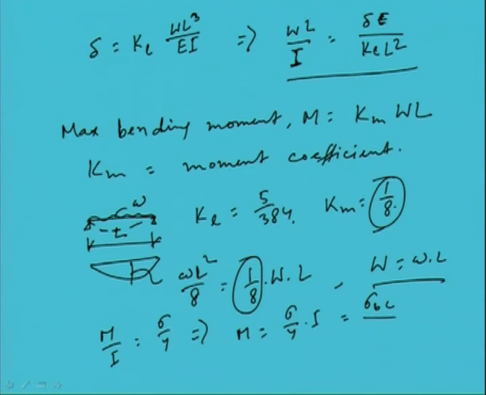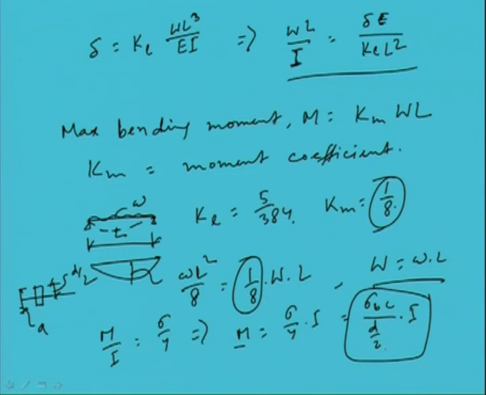So, sigma BC by Y. If this is D, then Y will become D by 2, because the maximum stress will develop at the extreme fiber. So, Y will become D by 2, into I. So, what we are getting, M is equal to sigma BC into I by D by 2.